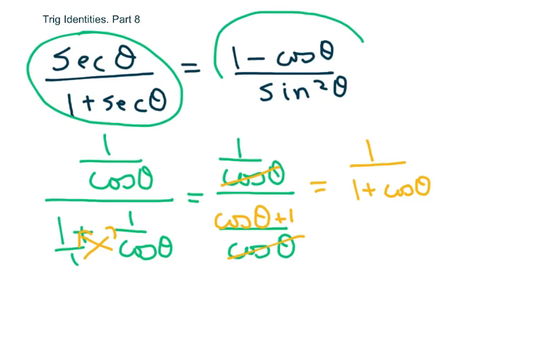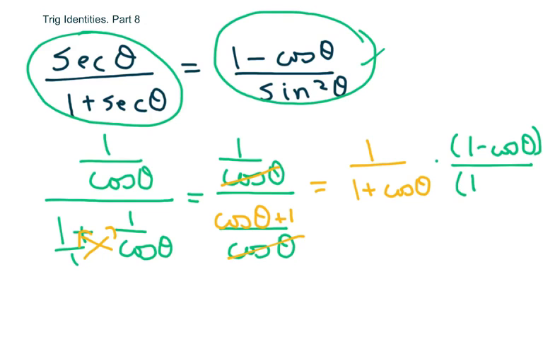We have to keep our eyes on the prize here. We want it to equal that. What I do know I can do is multiply the numerator by 1 minus cosine of theta, and I have to do that with the denominator also.